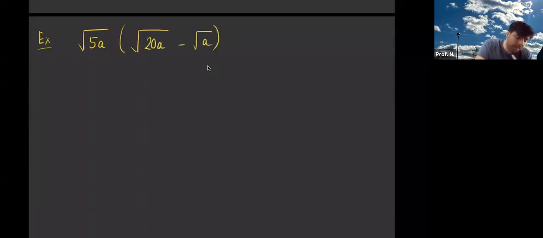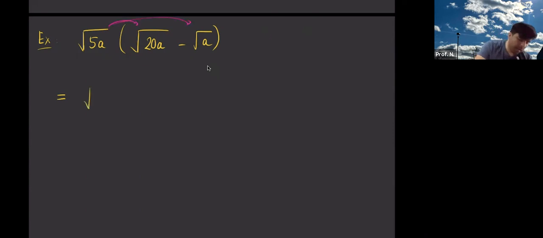How about something like this? I get the square root of 5a, and I'm multiplying that by parentheses, root 20a minus root a. So what do we have to do here? We have to distribute.